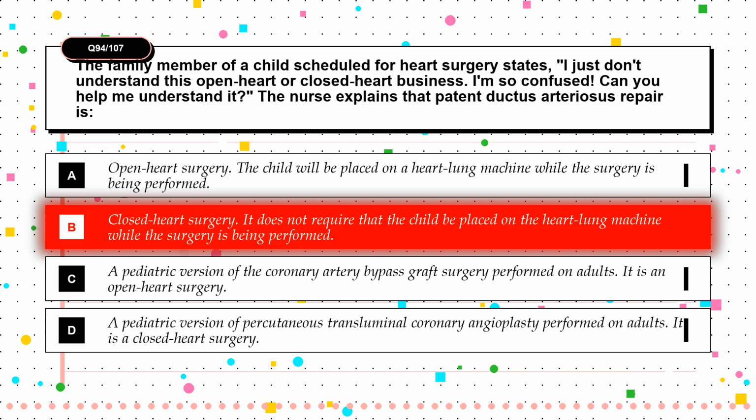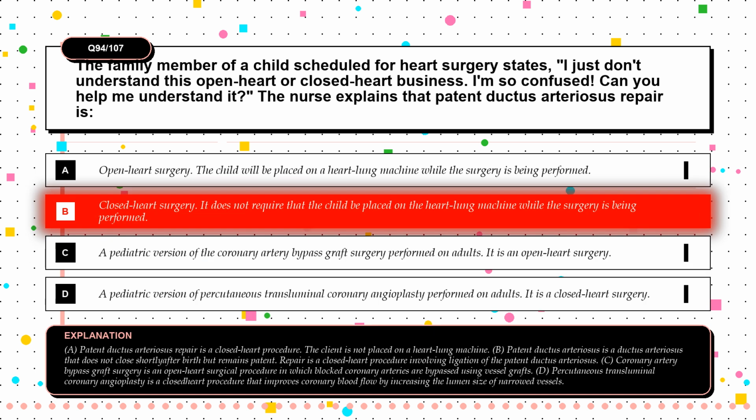The correct answer is option B, closed heart surgery. It does not require that the child be placed on the heart-lung machine while the surgery is being performed. A patent ductus arteriosus repair is a closed heart procedure. The client is not placed on a heart-lung machine. The patent ductus arteriosus is a ductus arteriosus that does not close shortly after birth but remains patent.